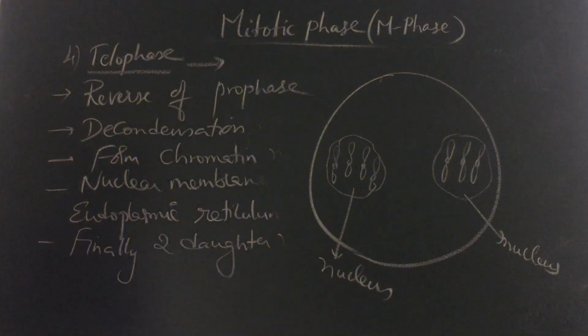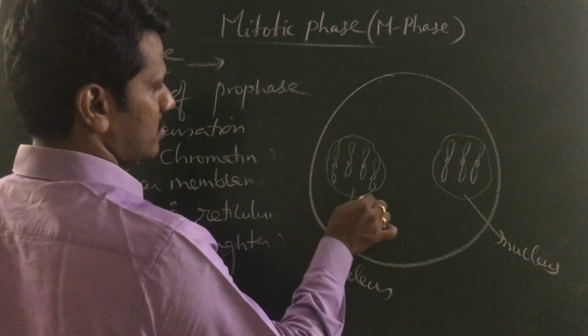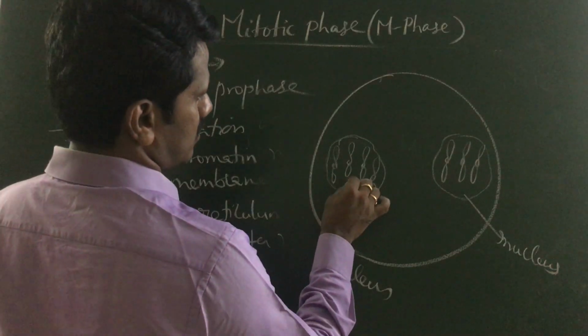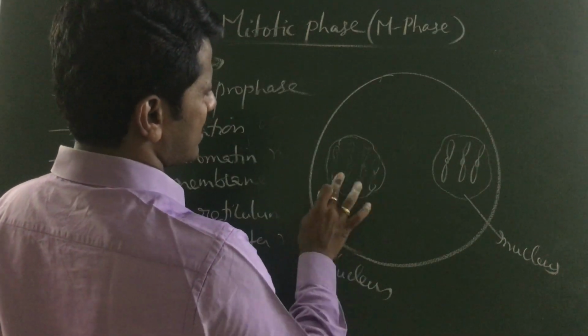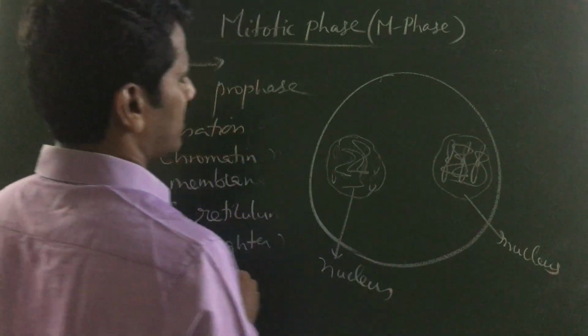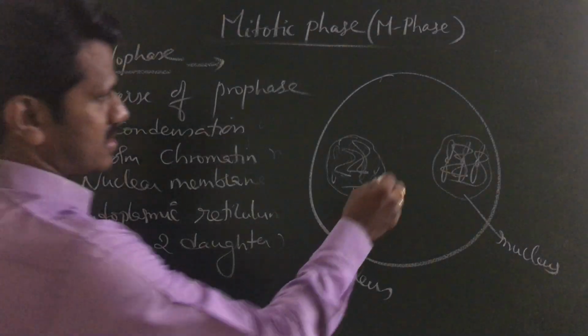So what we can say here, the nuclear membrane is formed. And the chromatin material, just like decondensation means, they will be in the form of chromatin material. Okay? Right. Because they decondensed in the form of chromatin material. So next, here this is the cytoplasm, no?